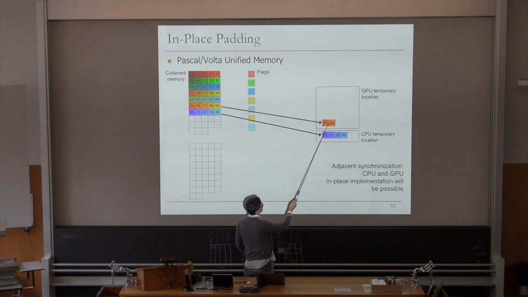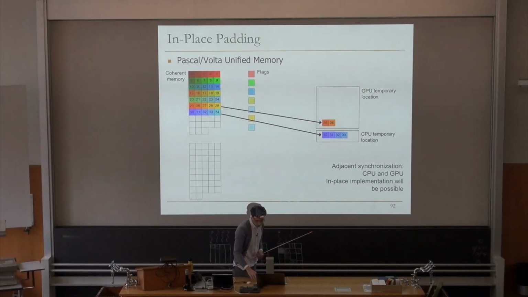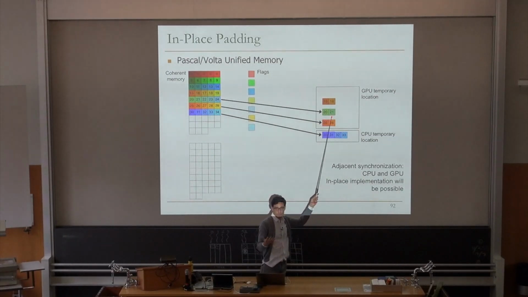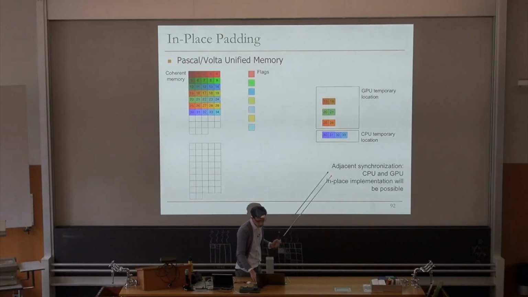You see how here, for example, one GPU block has already started reading this row and storing it in some temporary location. Typically, this temporary location in the GPU will be registers or the shared scratchpad memory. We have several threads, several workers working in parallel.